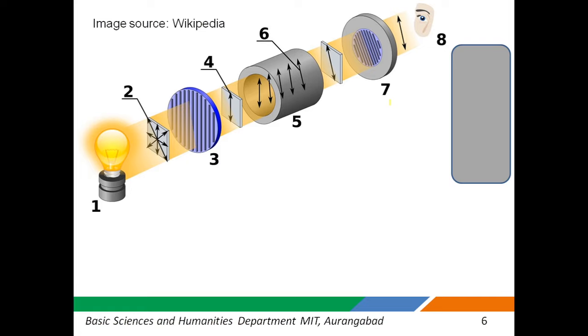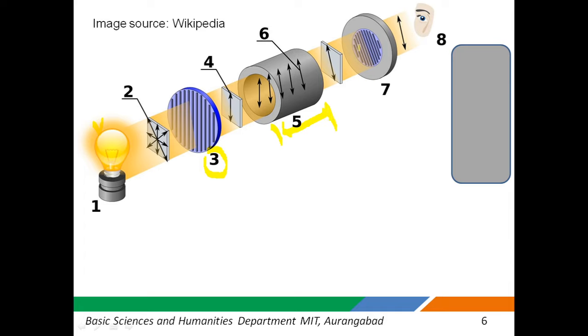So with this, now we will move towards the actual working of the Lorentz half-shade polarimeter. As you can see, this is the source of light, and the light is unpolarized, moving in all possible directions, the electric vectors. Then this, 3, is the polarizer and the light gets polarized, and when it passes through this tube having length L, it rotates the plane of polarization.